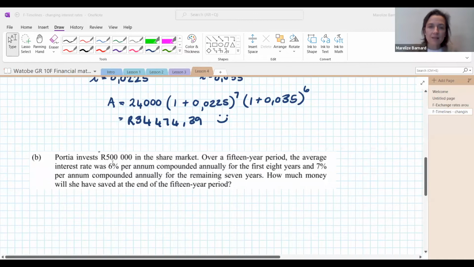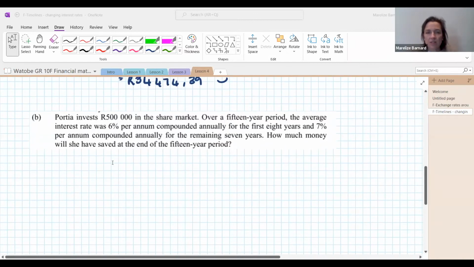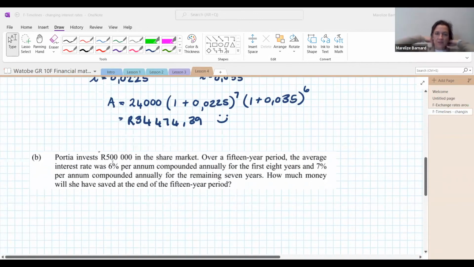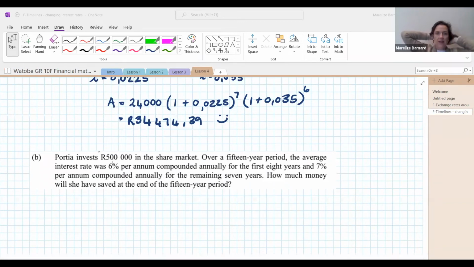Right, everyone else, we are working on this question with Portia. Portia invests 500,000 in the share market over a 15-year period. The average interest rate was 6% per annum compounded annually for the first 8 years and 7% compounded annually for the remaining 7 years.